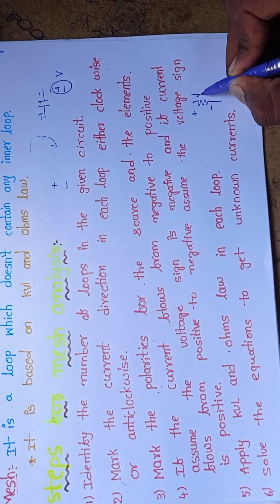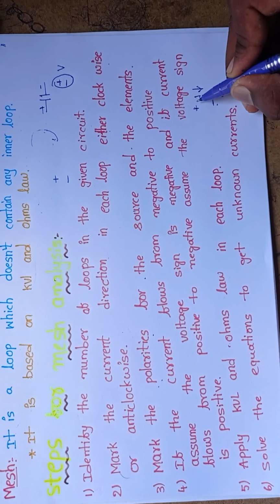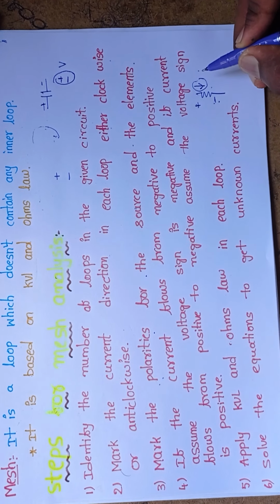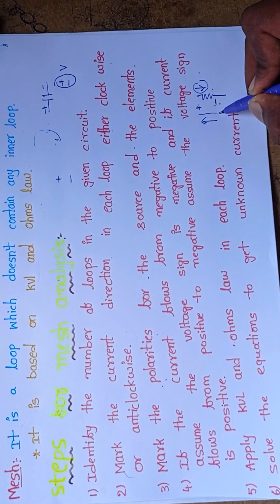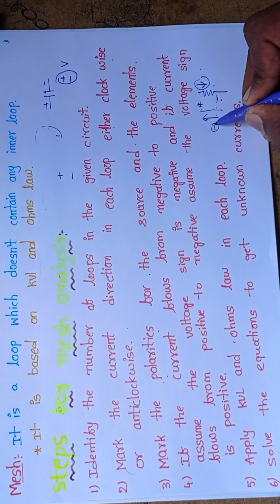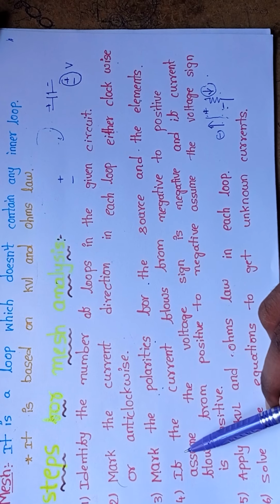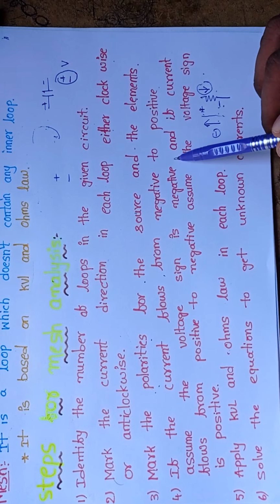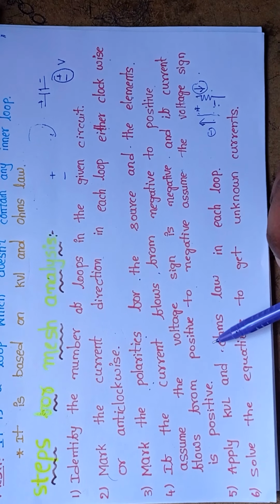If our current is flowing from top to bottom, that is from positive to negative, then the sign is positive. If the current flows from negative to positive, from down to up, then the sign is negative. That is the fourth step.